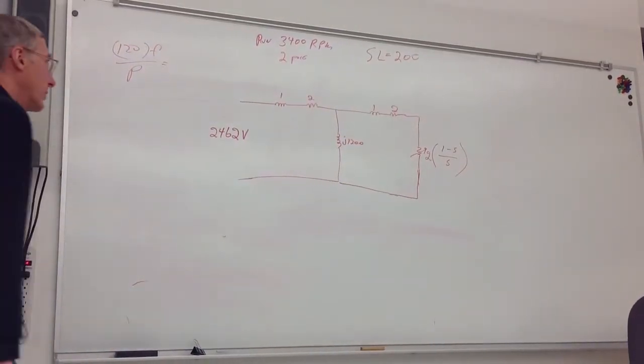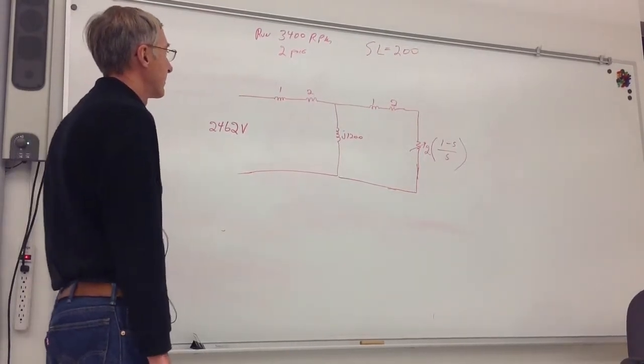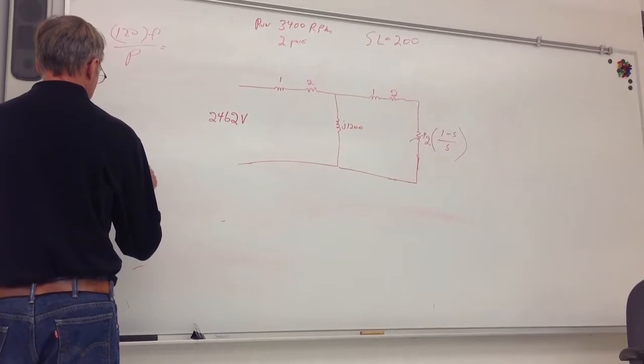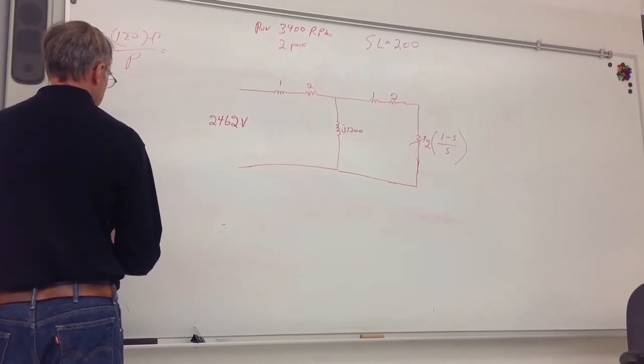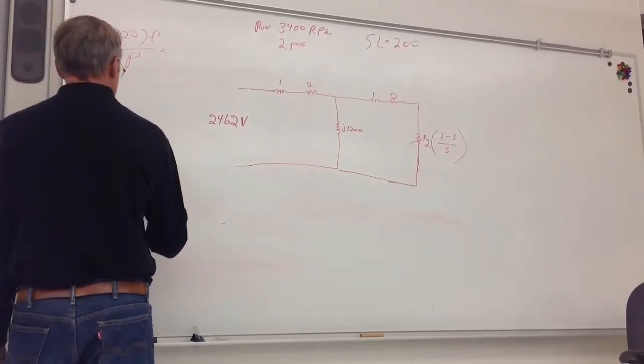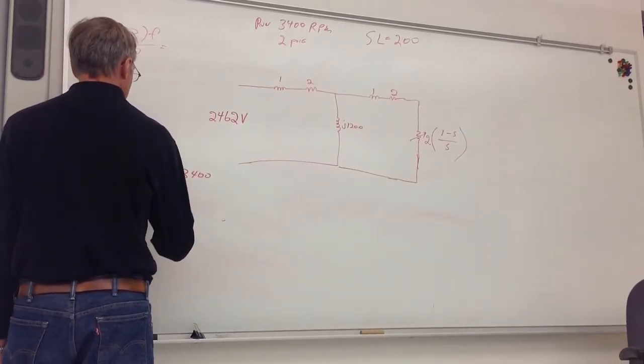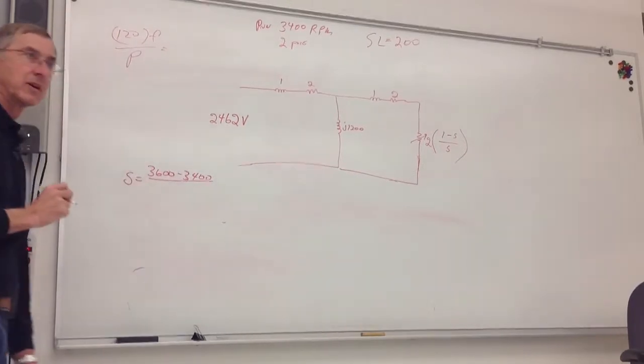Okay, so what do I need to do first? Find the slip. The equation for slip is synchronous speed minus run speed over synchronous speed.